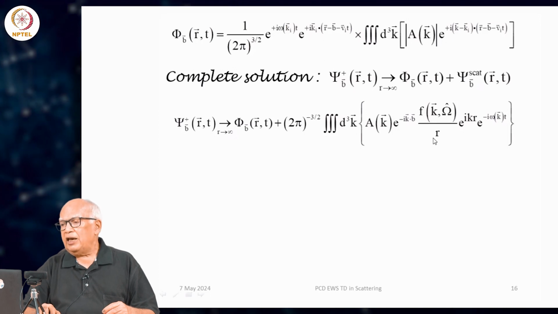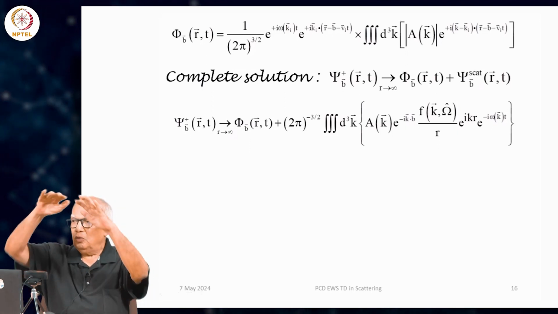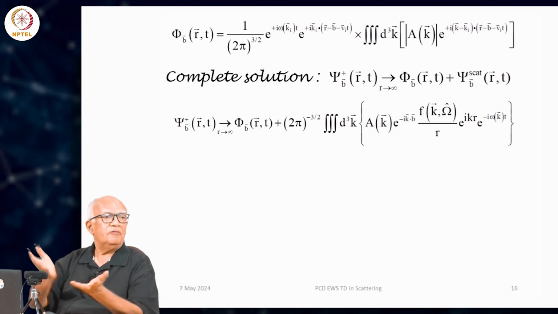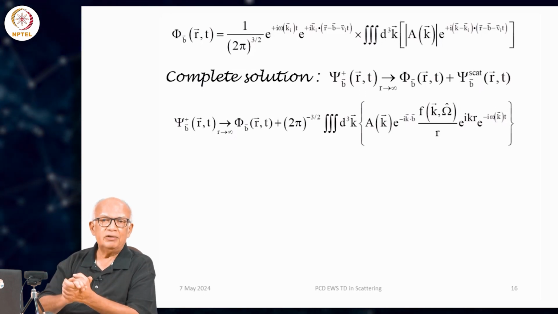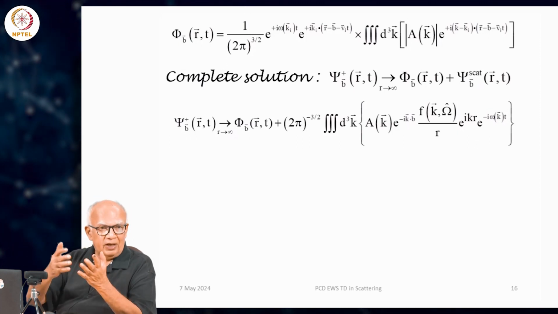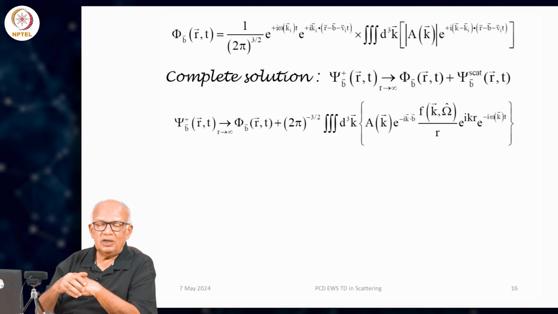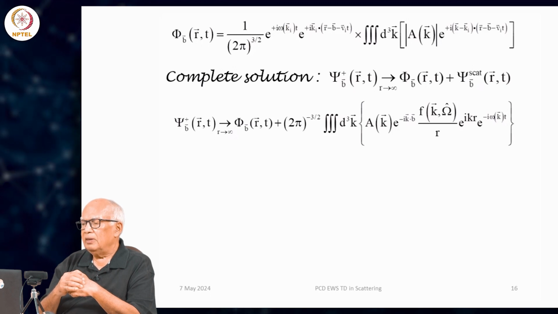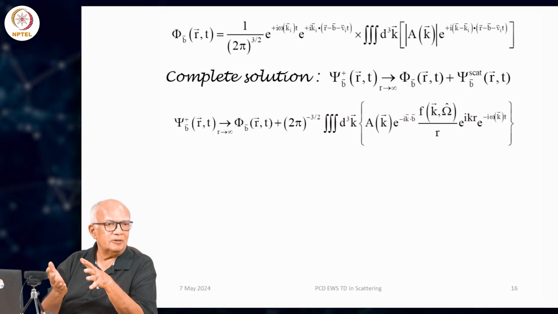The 1 over r takes care of the fact that as the wave packet expands, it is going to go through various spherical surfaces, mathematical surfaces whose area increases as the square of the distance. 4 pi r square is the surface area of a sphere, and since you are not generating or destroying any flux in between, the amplitude itself must compensate for that. So, there is a 1 over r. So, f omega divided by r, the division by r is only geometric, there is no physics in it.